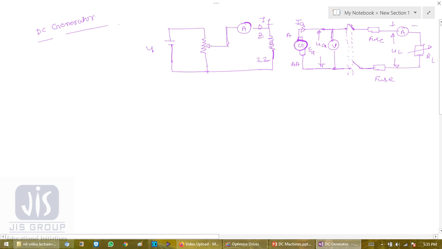So you see here in this connection diagram there are two different electrical circuits. One circuit connects the armature of the generator to the load, and the field circuit is separate from the armature and is supplied by an external source, this one. So the field current IF in a separately excited DC generator is independent of its armature current.